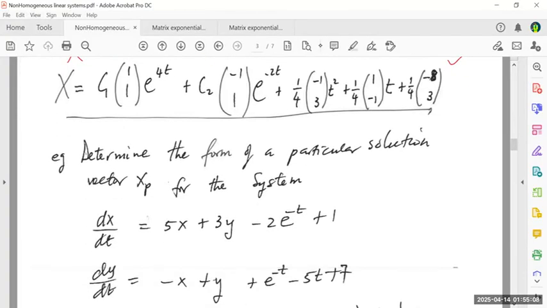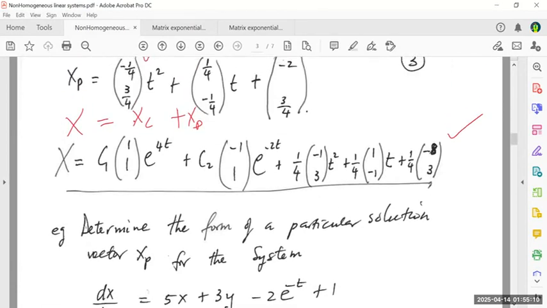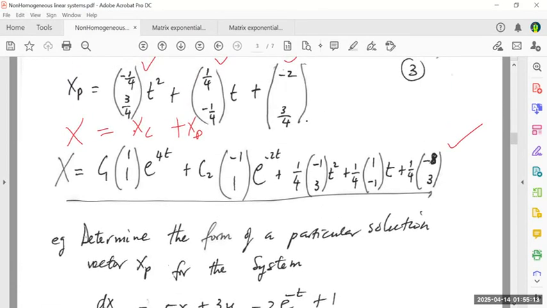So that's what we are now going to do here. Determine just the form of a particular solution. Remember, all the rules of linear independence should apply.